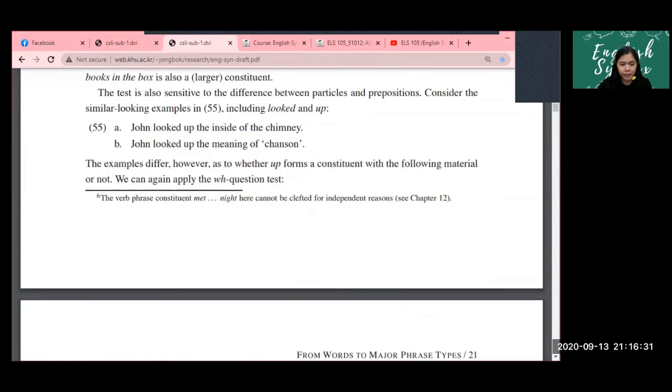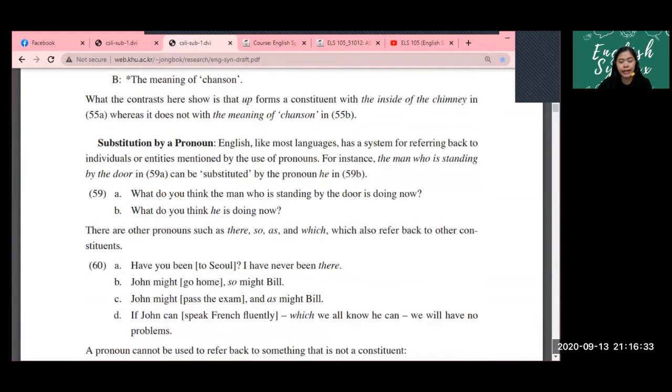Next, another test to identify that a group of words is a phrase or a constituent is through substitution by pronoun. English, like most languages, has a system for referring back to individuals or entities mentioned, by the use of pronouns, and this is what we call an antecedent, referring to something from the previous sentence to the next sentence or phrase.